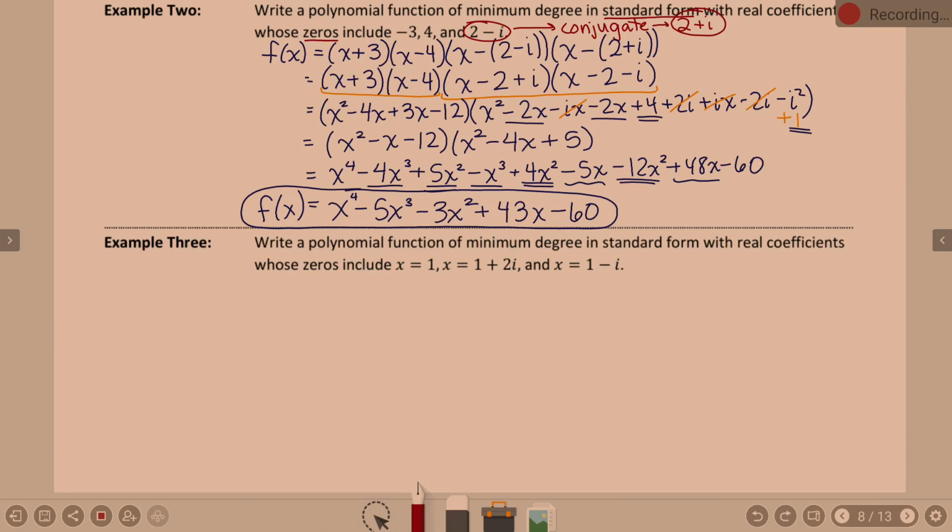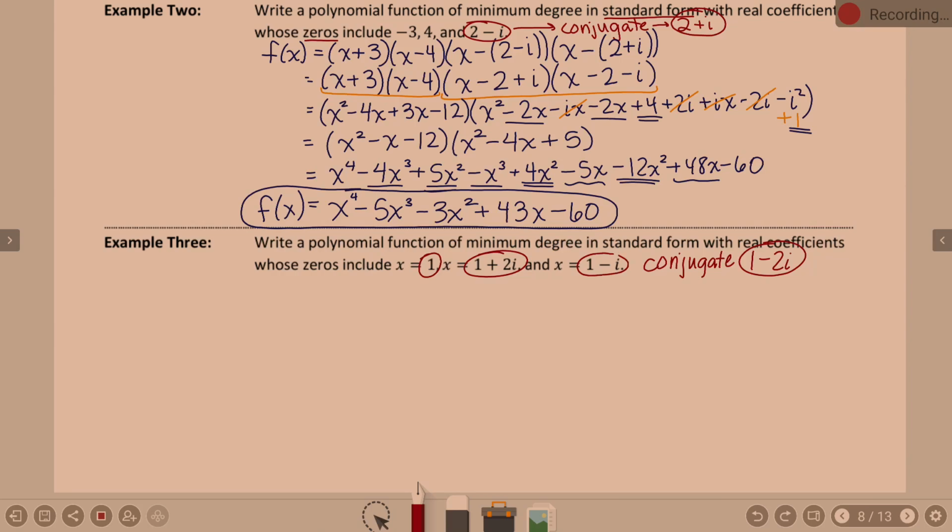Well, we're going to use the x equals 1, so x minus 1. When we go to use 1 plus 2i, what else do we need to use? Yeah, we need to use the conjugate, 1 minus 2i. And I'll put it in my parentheses here in a moment. And then what else do we need to know?